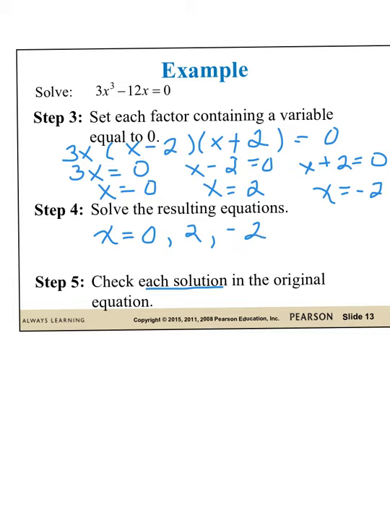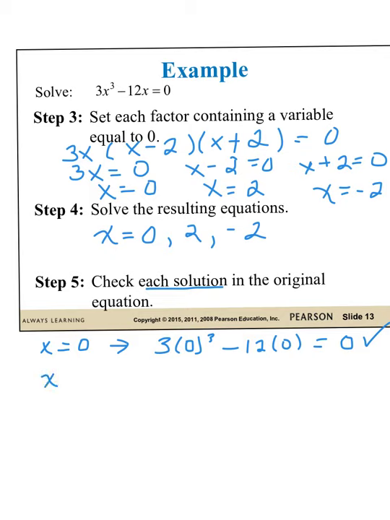And we need to check each solution in the original equation. So we will check x equals 0. And that gives us 3 times 0 cubed minus 12 times 0, which is in fact 0 minus 0, which is 0, so that checks.